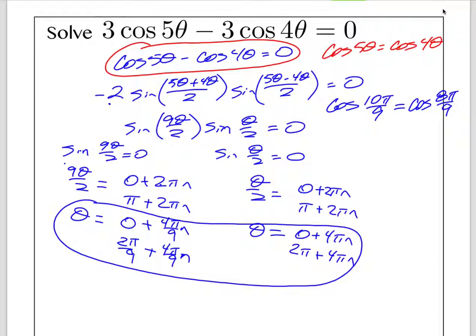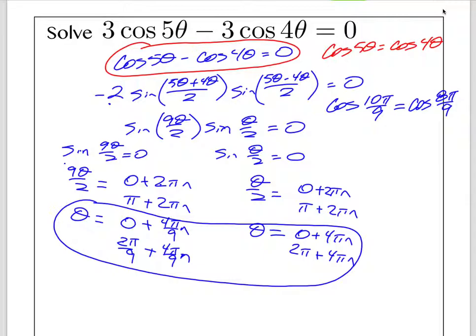Alright, cosine of 4 times pi divided by 9 is 0.173, and cosine of 10 times pi divided by 9, that one didn't match. Let me make sure I did that right. It's a good question.